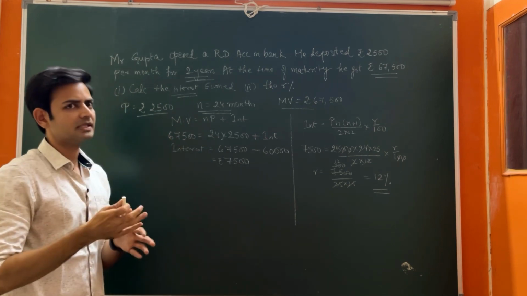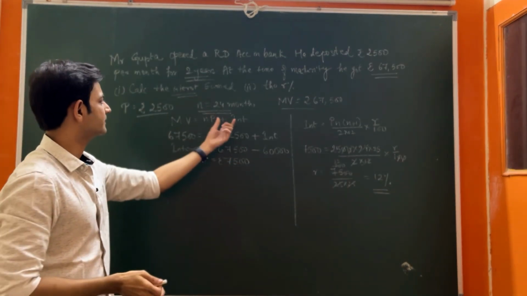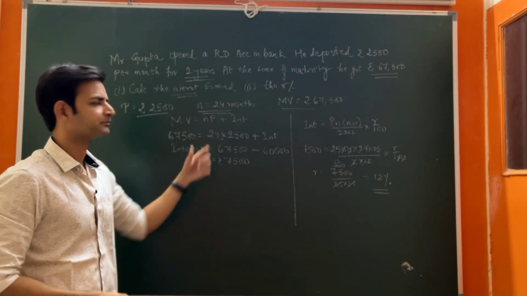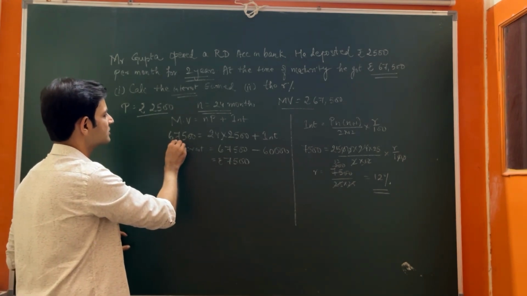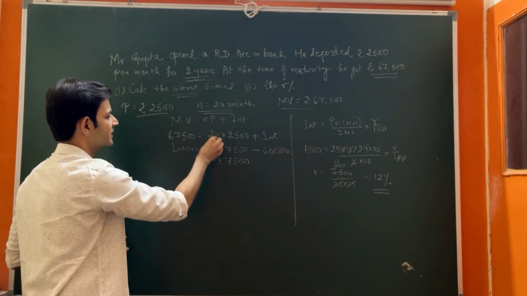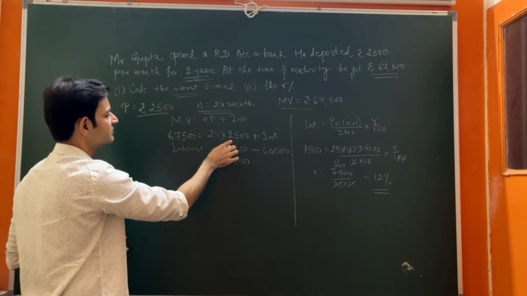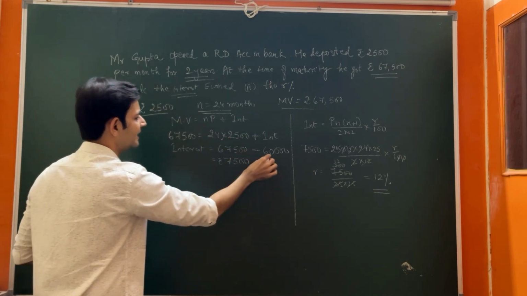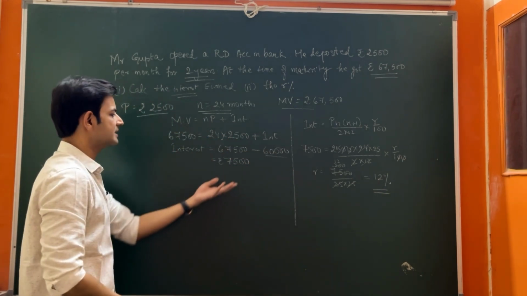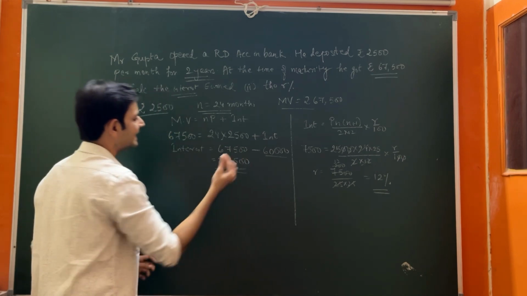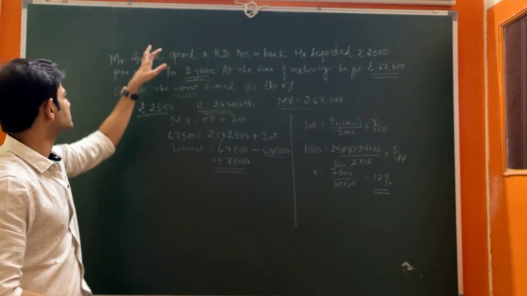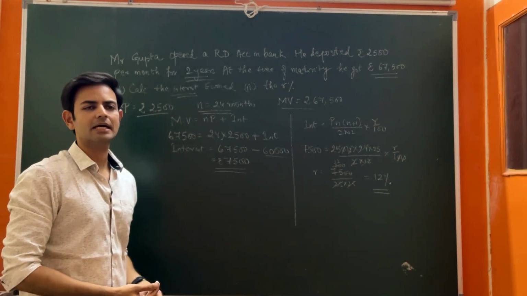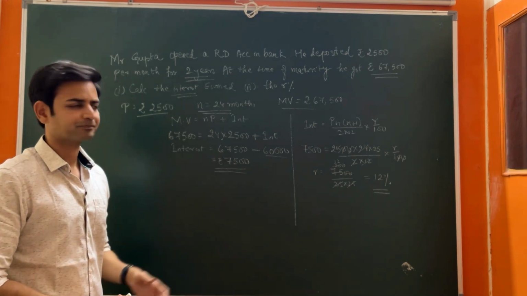We are not using the entire formula here because we are supposed to calculate the interest only. So 67,500 is equal to N was 24 and P is 2,500. We multiply that and get 60,000, subtract them. So interest that Mr. Gupta earned, is rupees 7,500.